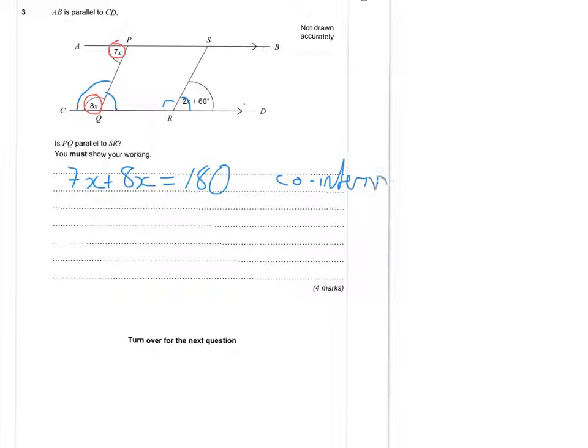Co-interior angles on parallel lines. Okay, so 15x equals 180, x equals 12 degrees.